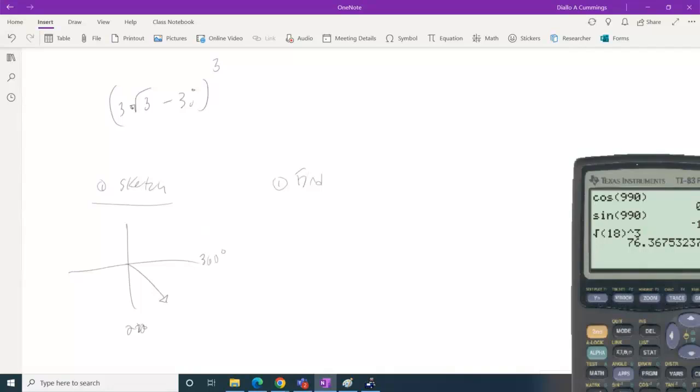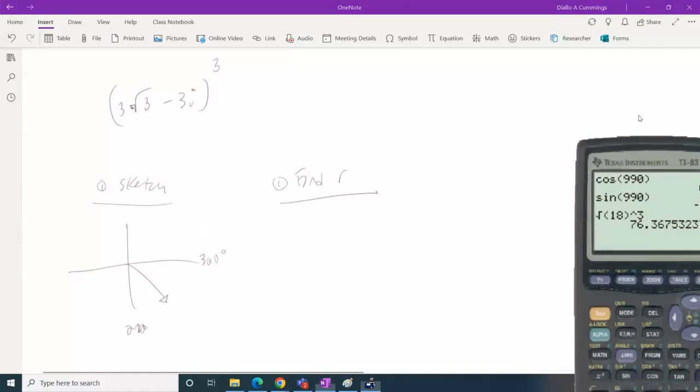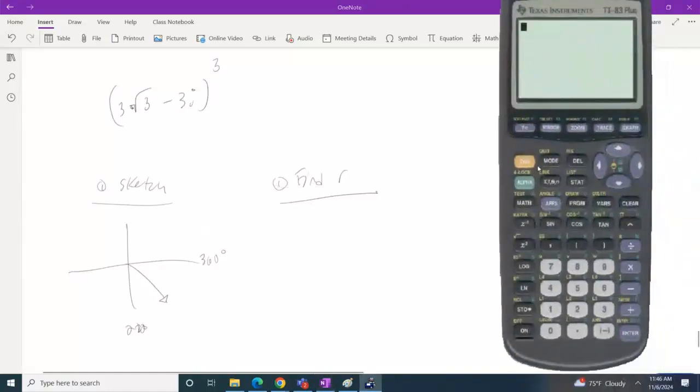Once you find r, let me just see what happens. So I'm just going to use the calculator. So this is 3 square root of 3. Close off that square root. So that's 6.